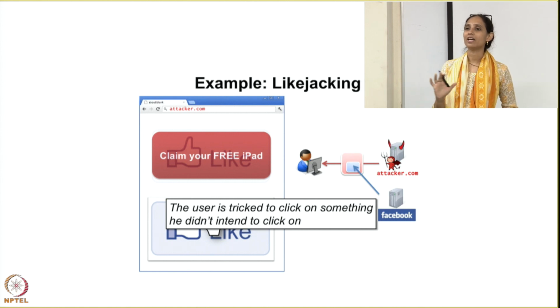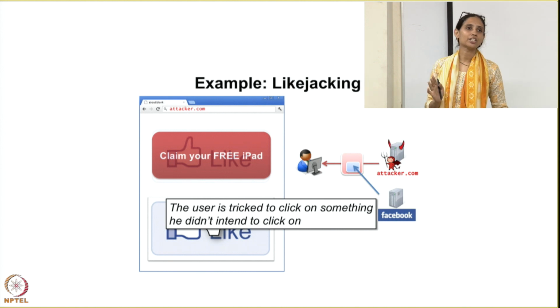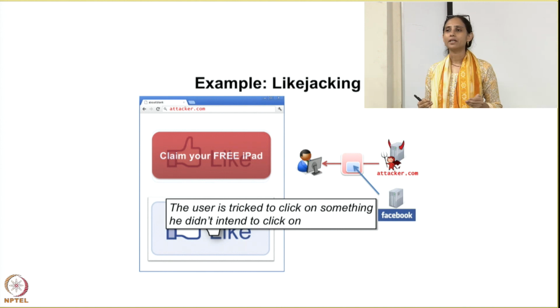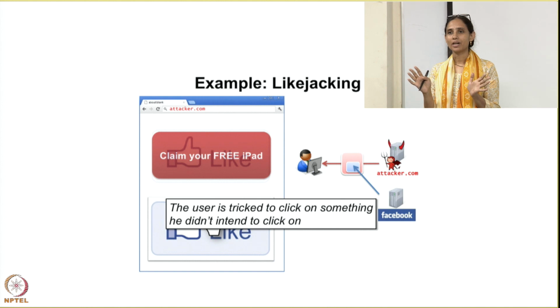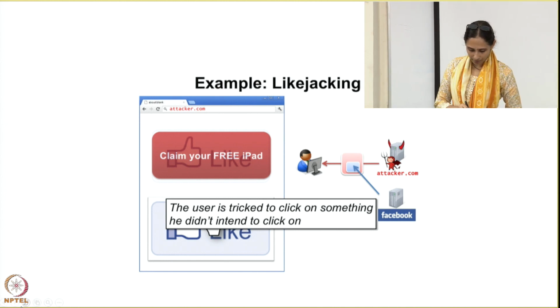So, this was one way in which people started to hike up their likes. There will be a malicious website which does this, people will just click on that, and when they click on it, someone's post somewhere is getting a like. That is the example of what is called clickjacking, where on the website you put something that is attractive, but the action that happens behind it is something different. So, you have to be mindful of these as well.